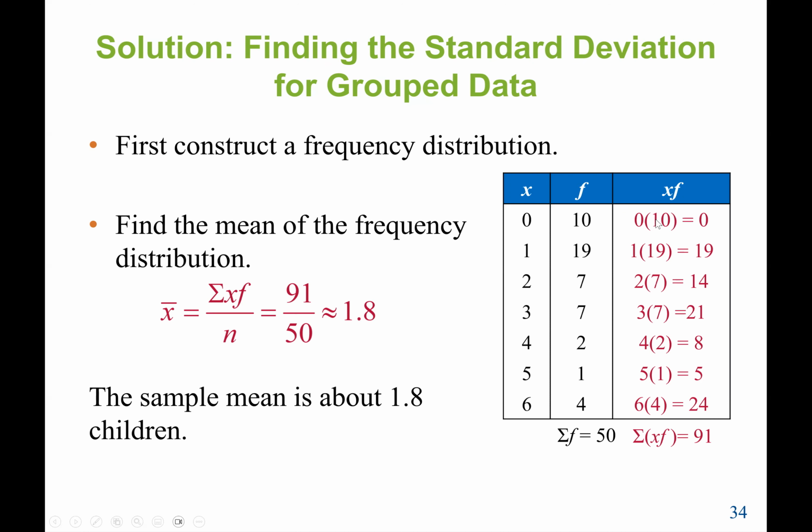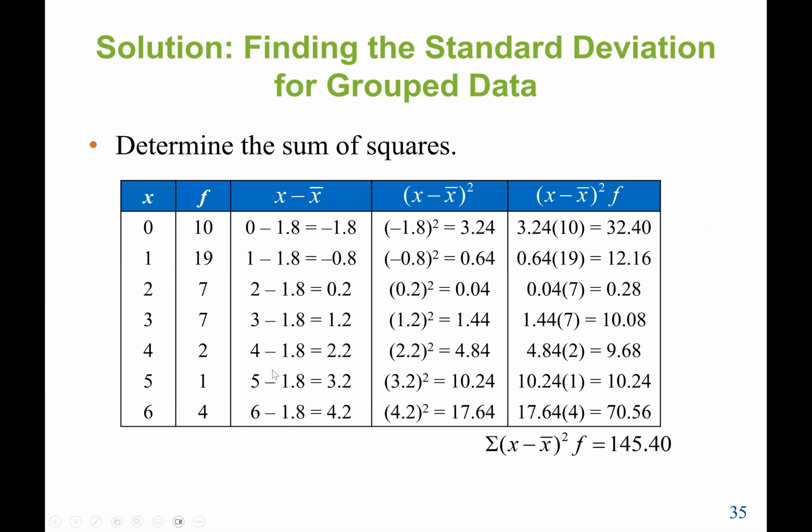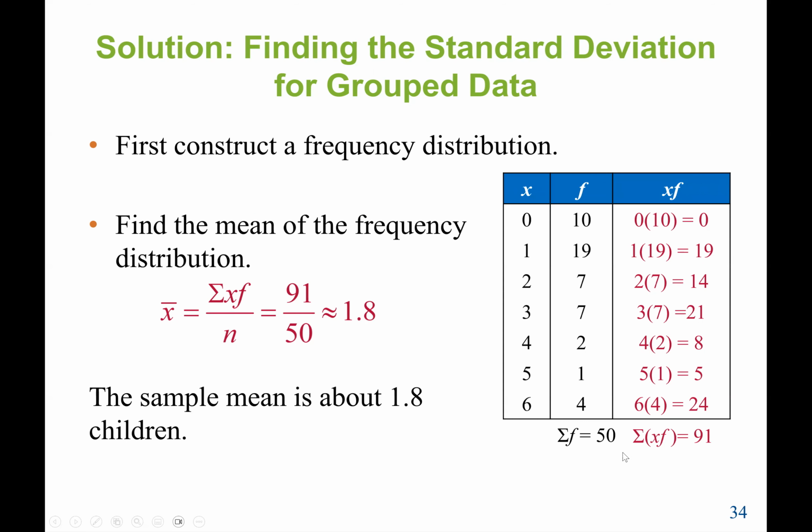First we have 0 times 10 is 0. Then we have 1 times 19. Then 2 times 7, 3 times 7, and all these values. This will be the sum of all the data. Then we divide it by n, the sample size, and that will give us the sample mean. So the sample mean is 1.8 because we divide 91 by 50, and that gives us 1.8.